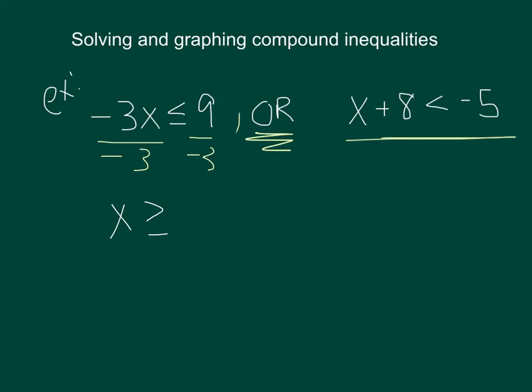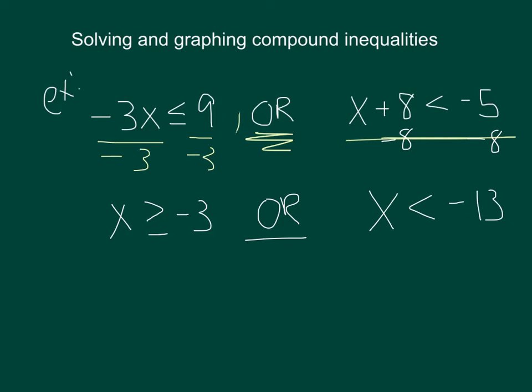So x is greater than or equal to -3. Or, how do I solve x plus 8 is less than -5? I am just going to subtract 8 from both sides. And I'm going to end up with x is less than -13.